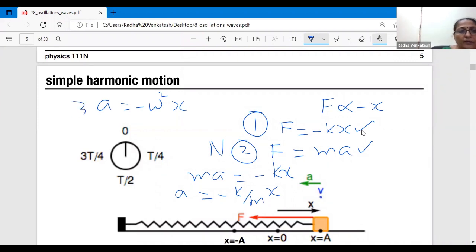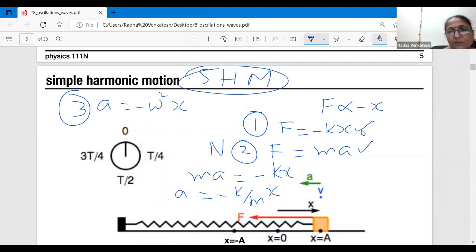Third point, know that for simple harmonic motion, SHM, a 3-letter word. Some short forms I try to make my children remember the steps. So step 3 is a is equal to minus omega squared x.